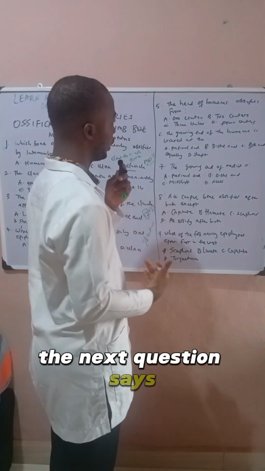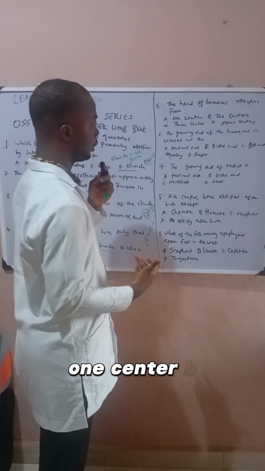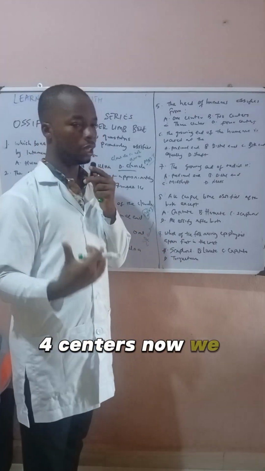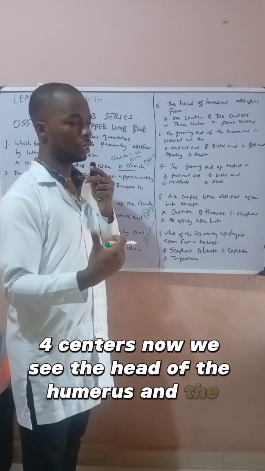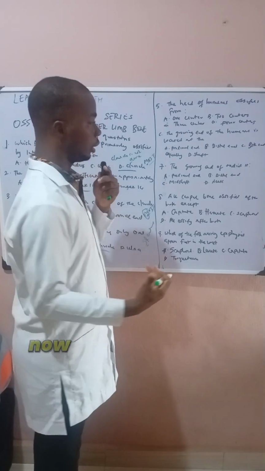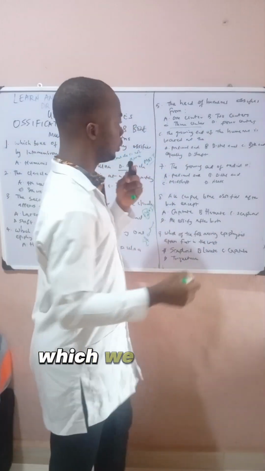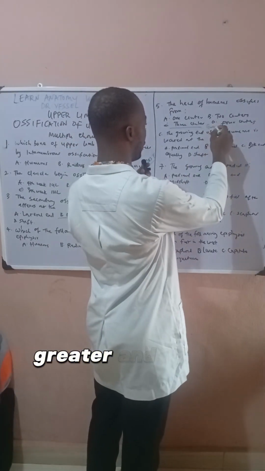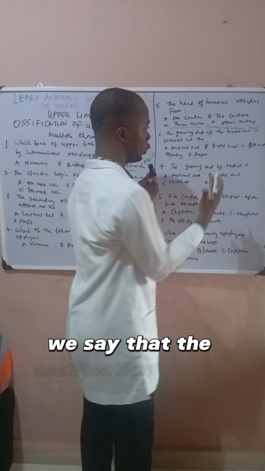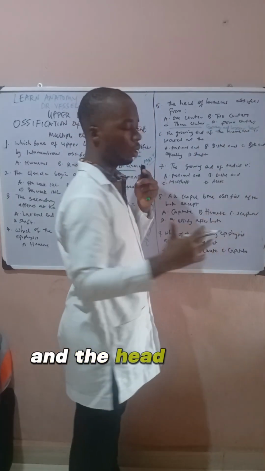The next question says, the head of the humerus ossifies from A. One center, B. Two centers, C. Three centers, D. Four centers. Now, we say the head of the humerus and the lower end of the humerus form the secondary ossification centers. The head of the humerus has three centers, for which we use the mnemonic greater and lesser head, where the ossification centers are located at the greater tubercle, lesser tubercle, and the head of the humerus.